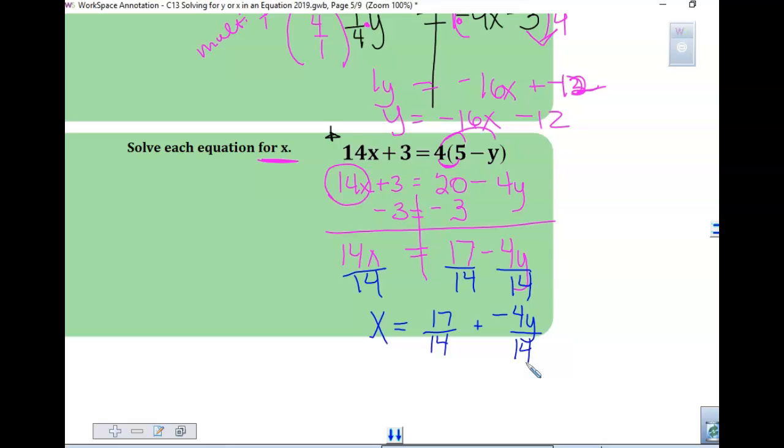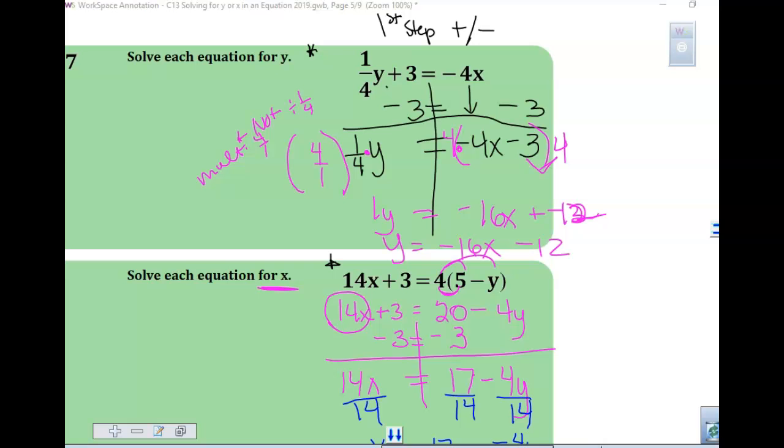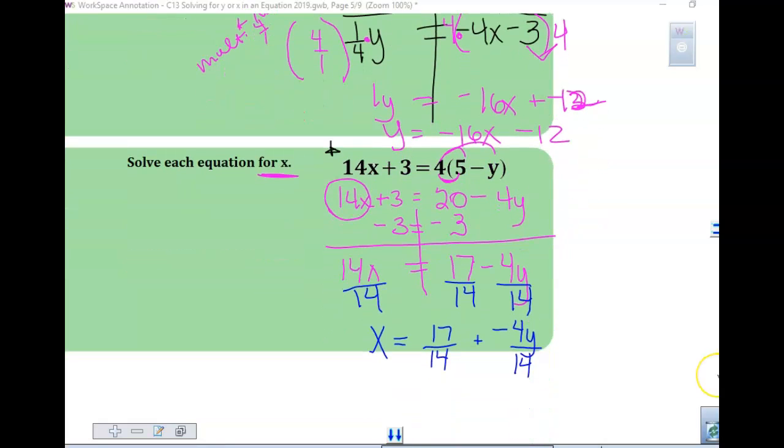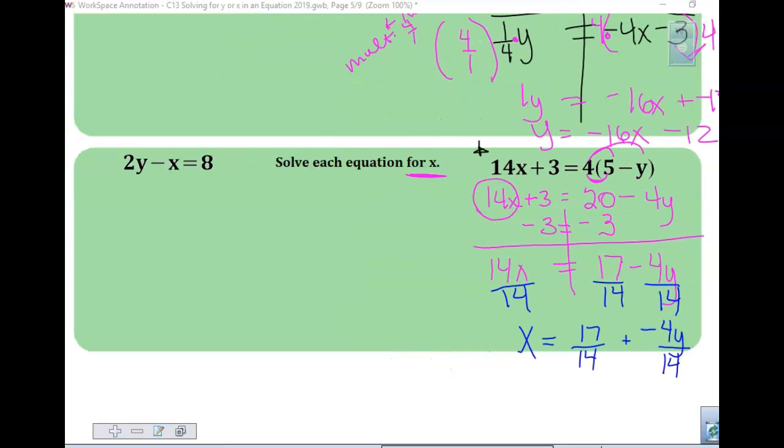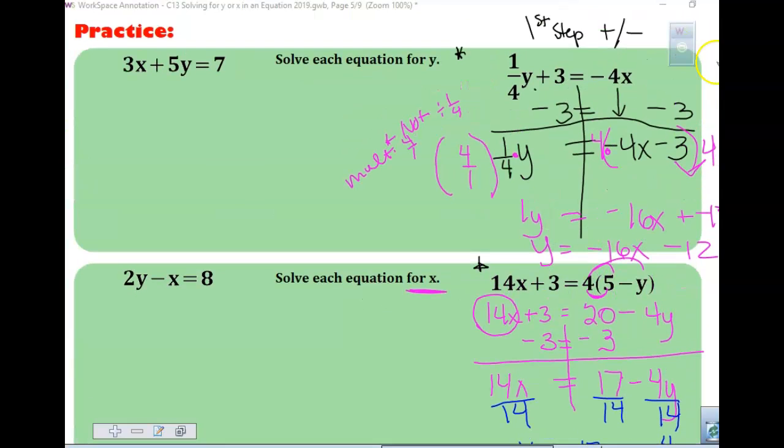The problem that I would like you to try right now is the first one, trying to tell me what y equals, and I want you to look at this one and try and tell me what x equals.